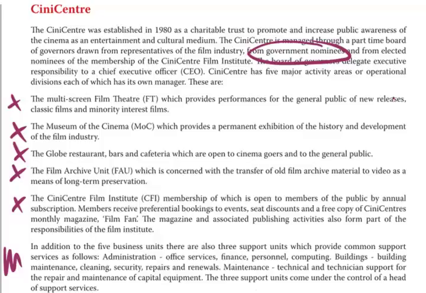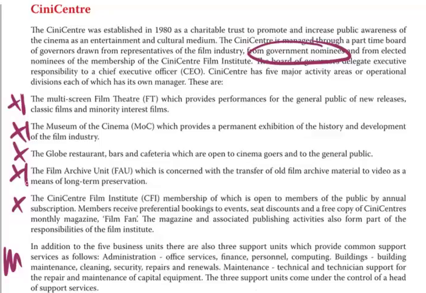For example, is its purpose to provide what might be called commercial cinemas, or is its purpose to provide what can't be provided commercially? For example, a museum, and particularly perhaps the film archive unit, which is charged with looking after old and valuable films.